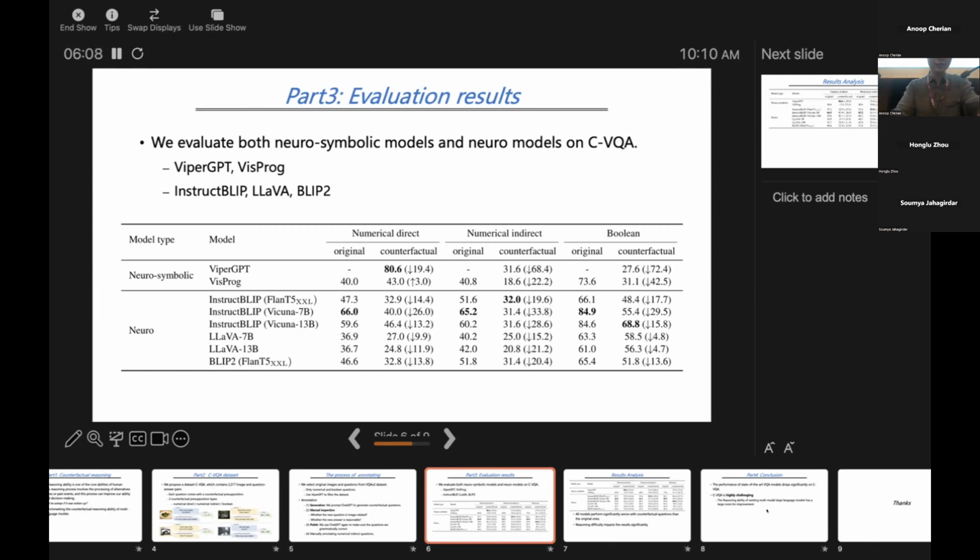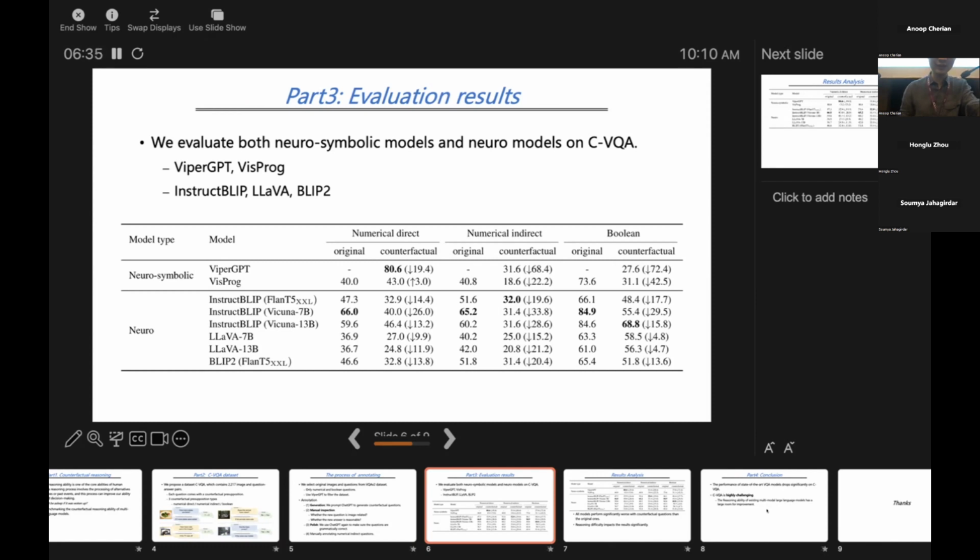Overall, we found that neurosymbolic models are quite strong on these benchmarks, especially Viper GPT. And the most notable side is numeric direct, because we know that they use Python code, so they never fail in calculating. For example, if you ask it 1 + 1 equals what, it must give you 2 because it uses Python.